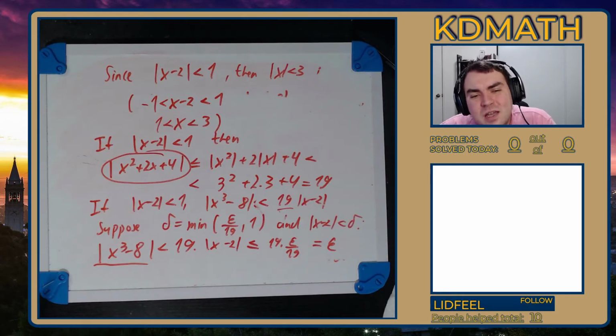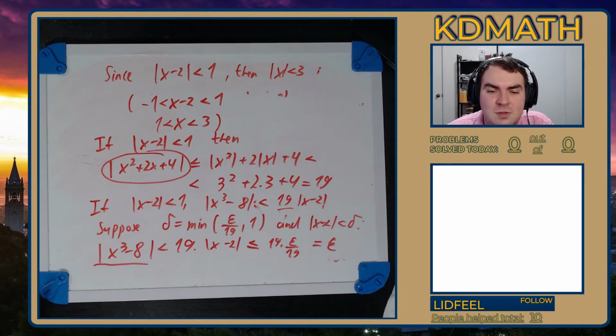Because the absolute value of x minus 2 was less than 1, x would be less than 3 in absolute value. Why? Because for your absolute value to be less than 1, the number itself has to be between -1 and 1. And since x minus 2 was between -1 and 1, x itself has to be between 1 and 3. In other words, its absolute value cannot go above 3.